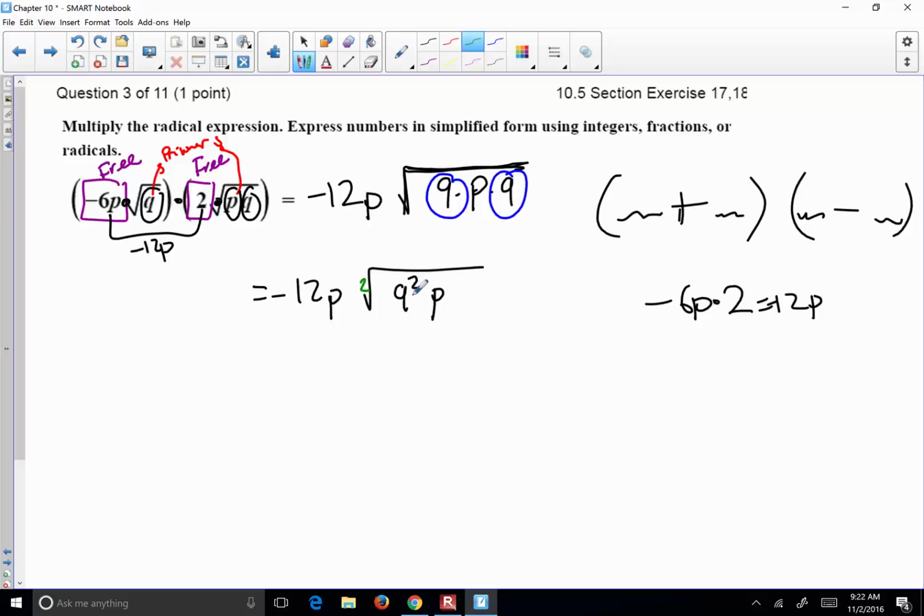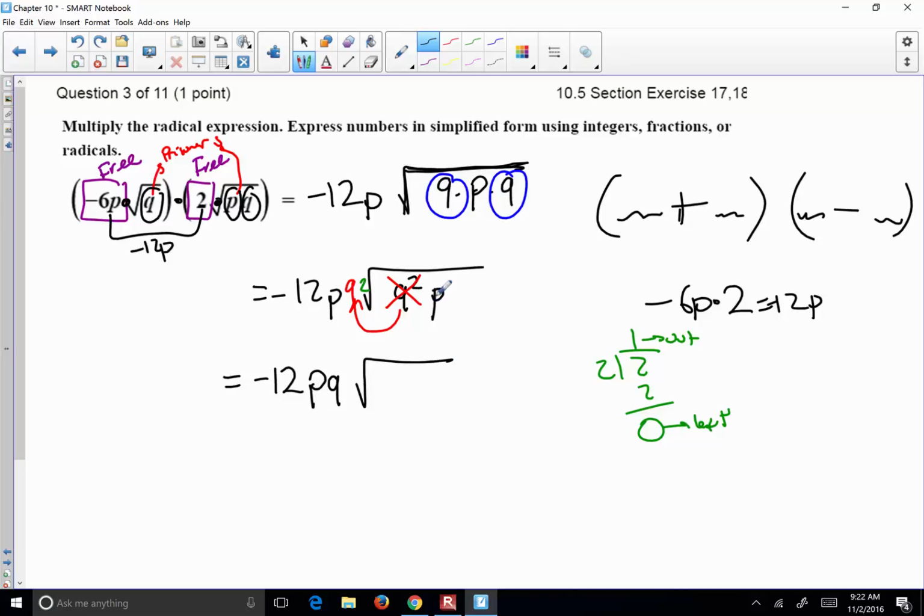This guy has $2. 2 take away 2, 0. When you divide 2 by 2, nobody left inside, and this guy is out. One Q coming out, this Q coming out, and nobody left there anymore. So we have minus 12 PQ square root of P only.